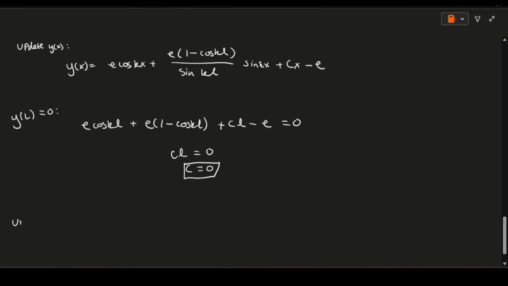So finally updating y of x, we get y of x is equal to, I can factor out e, so we get e times cosine kx plus (1 minus cosine kl) all over sine kl times sine kx minus 1.